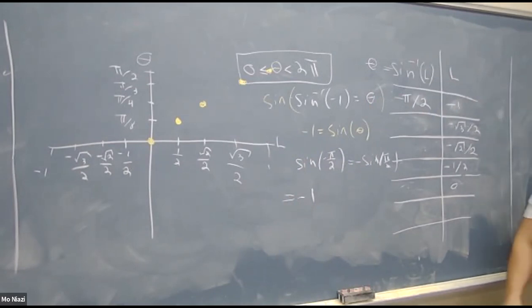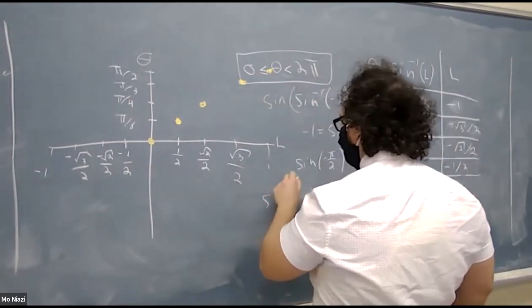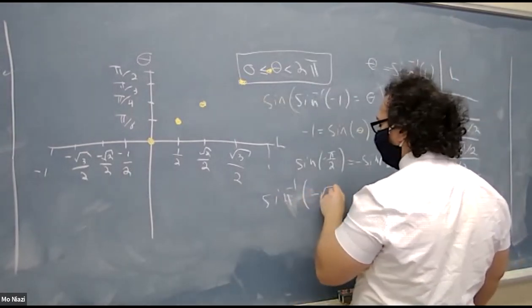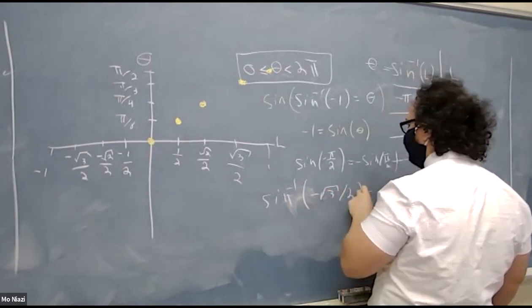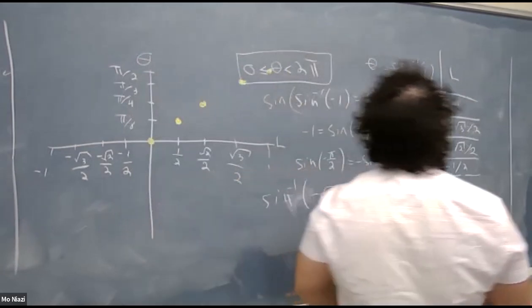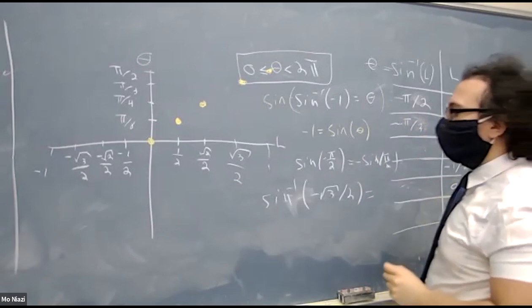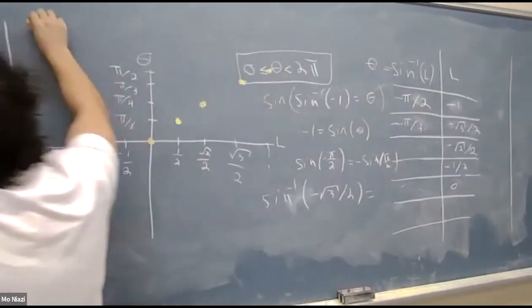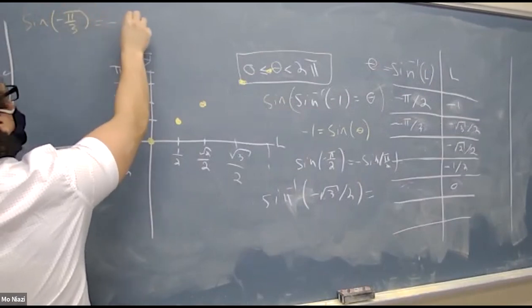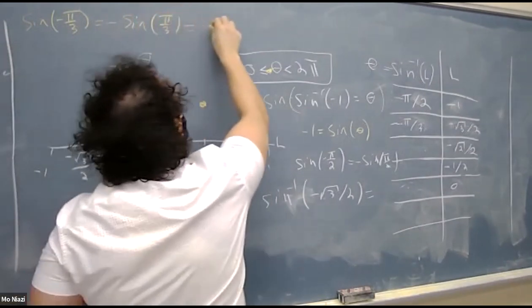So what is the sine inverse of negative root 3 over 2? Negative pi over 3. Why is that the case? That's because the sine of negative pi over 3 is the same thing as the negative of the sine of pi over 3.